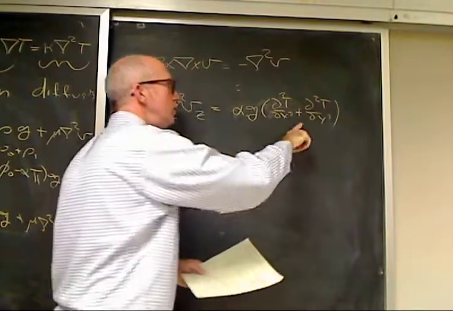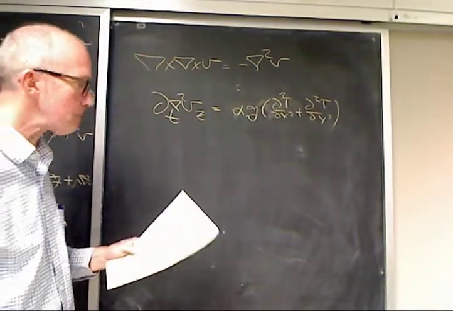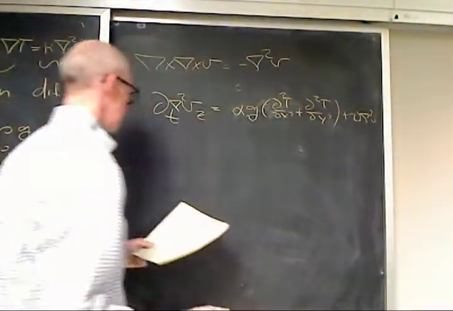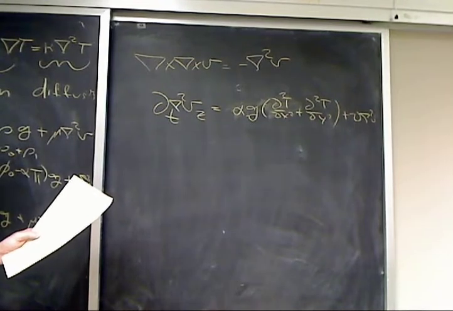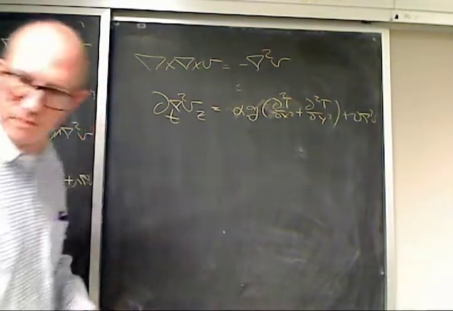This is the Z component of the second curl of the temperature, plus mu del squared del squared V. And again, so what was the other one?